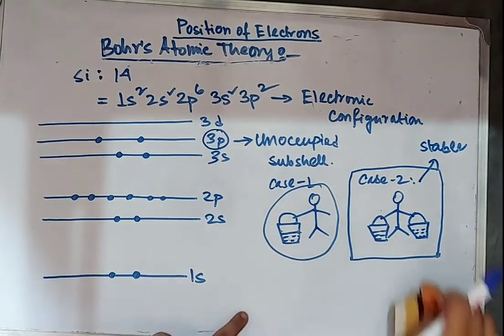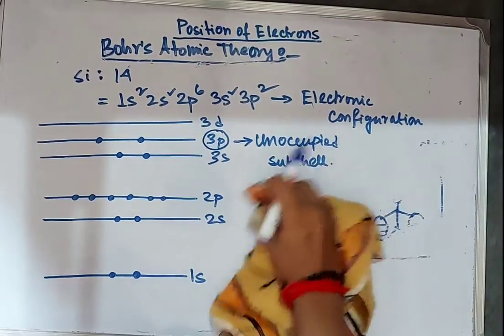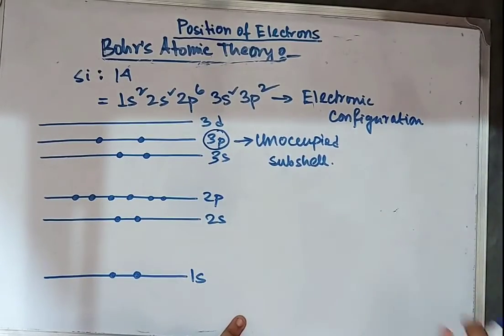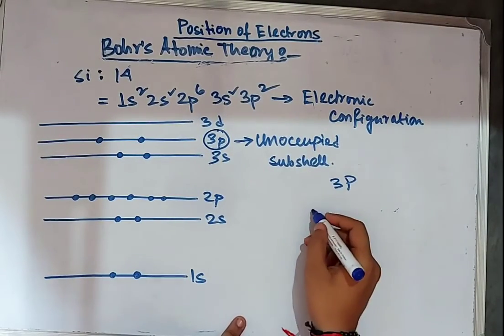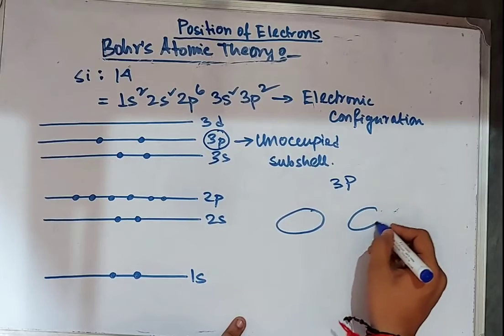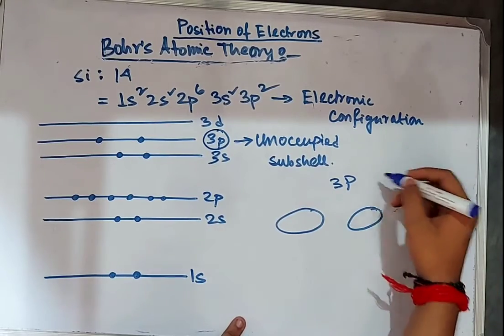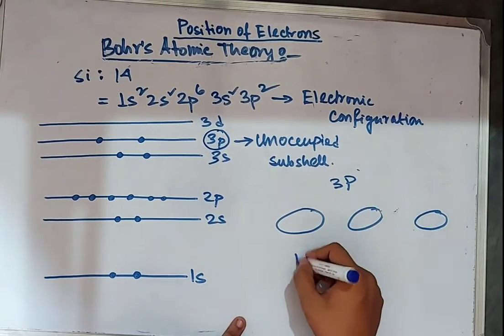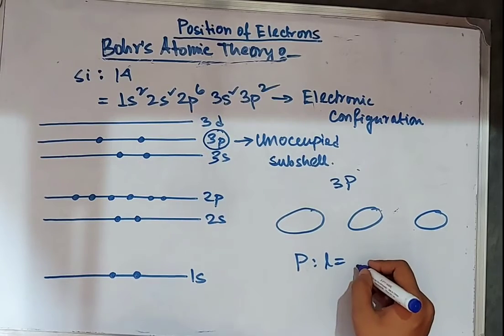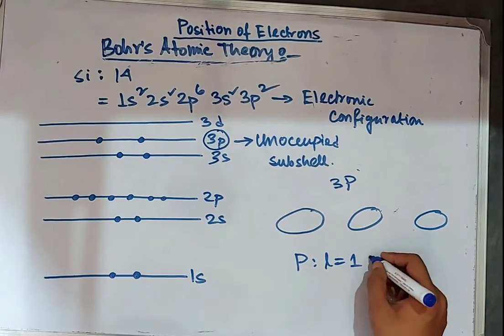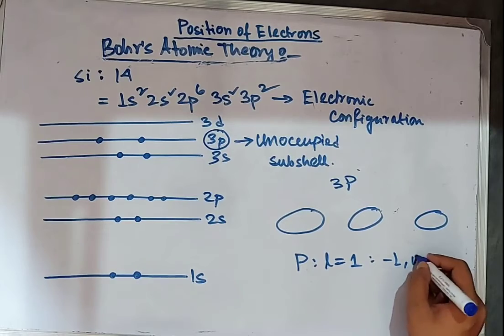The same applies to the p subshell. In the 3p subshell we have 3 orbitals. Why? Because we know for p the azimuthal quantum number is 1, and that means the magnetic quantum number values are -1, 0, 1.